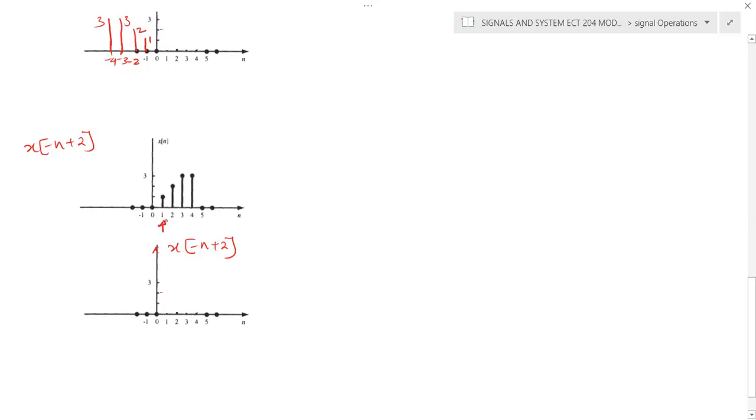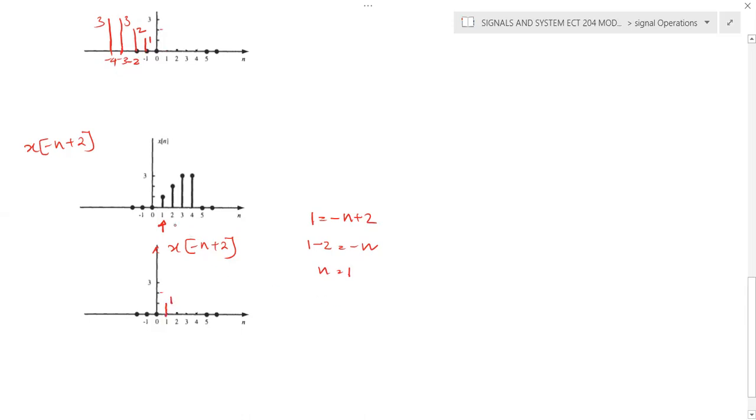We need to identify the index value 1 in the second graph. So 1 you can equate to minus n plus 2. So 1 minus 2 is equal to minus n, so n is equal to 1. So it will start from this particular point. At n is equal to 1, the signal magnitude is 1.